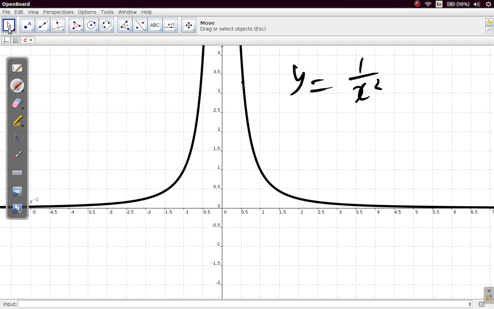Suppose you have this graph. Let's make the other graph in red. Suppose you have y equals 1 over x squared plus 2. What would that be? Let's plot that graph. 1 over x raised to the power of 2 plus 2.